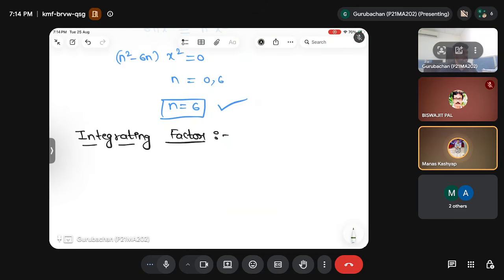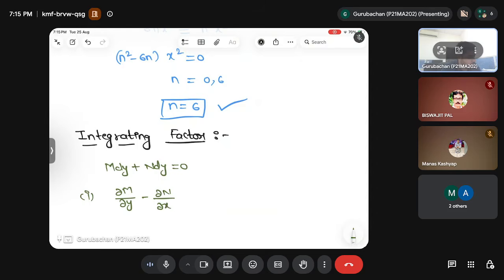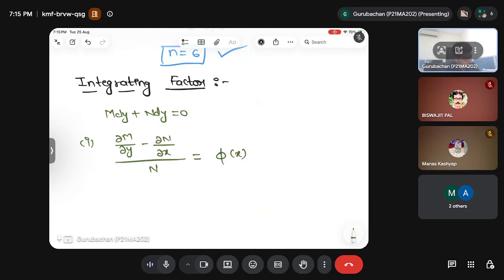Integrating factor we compute like e to the power integral p dx or e to the power integral p dy. We find it by partially differentiating, subtracting and then dividing by the function. So first is del m by del y minus del n by del x divided by n. If this is a function of x only, then what will be the integrating factor?